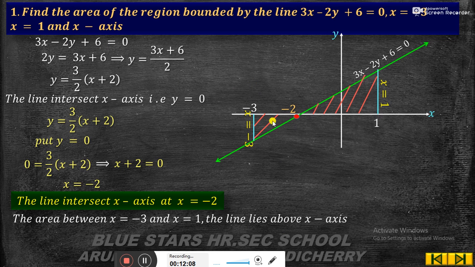Next, y equal to 0 means 3x equal to minus 6, x equal to minus 2, so the point is minus 2 comma 0. I draw the line. Then x equal to minus 3 and x equal to 1 are lines parallel to the y-axis, and this is the region. The line lies above the x-axis.